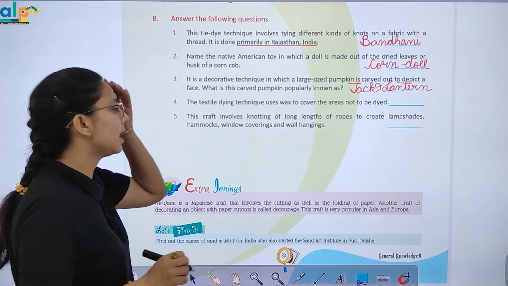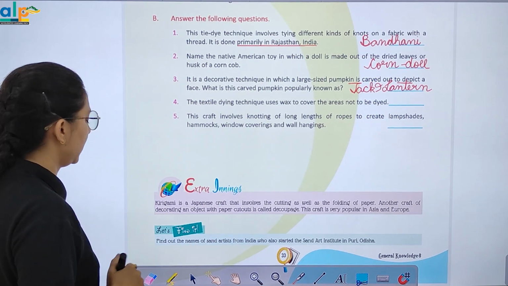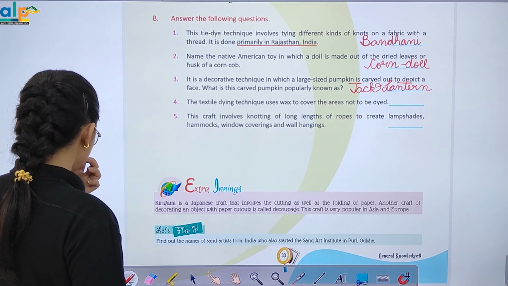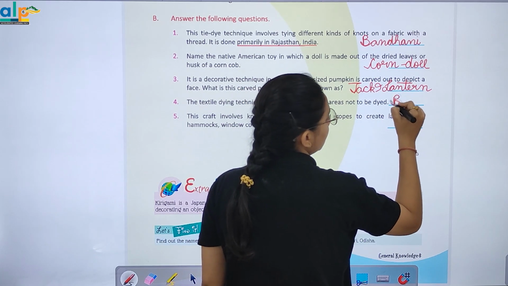Next is a textile dyeing technique which uses wax to cover the area not to be dyed. मतलब जो आपको एरिया है उसको कवर करना है जिसे आप डाई नहीं करना चाहते. बाटिक प्रिंट सुना है ना, बाटिक कहते हैं उसको.